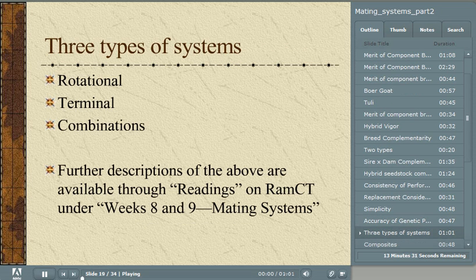Now there are three primary types of crossbreeding systems, and those are rotational, terminal, and combinations of those.